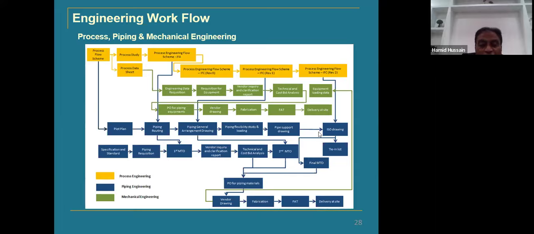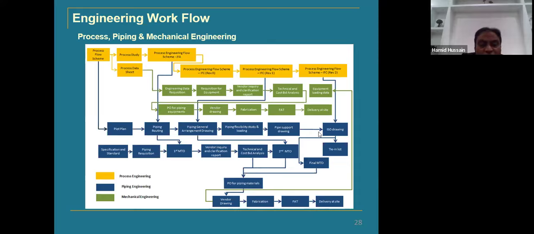And commercially, if it is okay, then the PO will be issued. And once the PO is issued, then vendor drawings will be received, and vendor drawings will be reviewed and approved for fabrication, and then factory acceptance test will be done, and the delivery date. So these in green will be done by the different disciplines, piping, instrumentation, and other things.